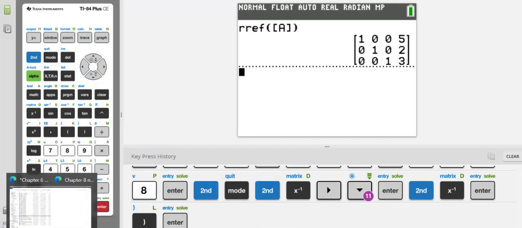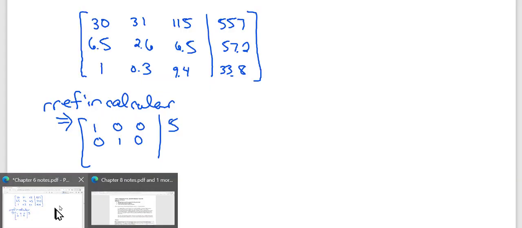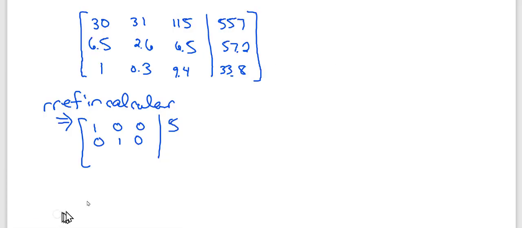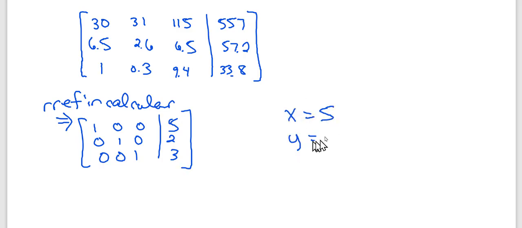Yep. 0, 0, 1, 3, which tells me x equals 5, y equals 2, and z equals 3.